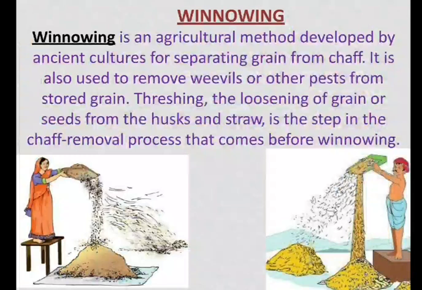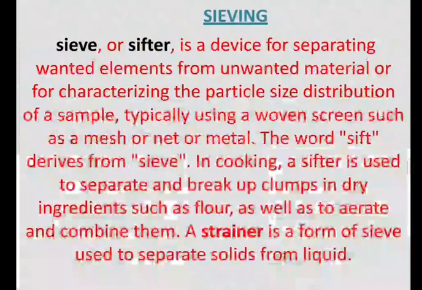See these pictures here? These are examples of winnowing. So the next process is sieving. A sieve or sifter is a device used for separating unwanted elements from wanted materials. That is, our impurities. We separate impurities from our material.